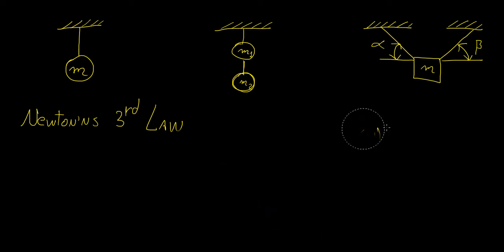So what we're going to do is start off with these three basic examples. The first one is just a mass held by a string, hanging from the ceiling. The first thing we need to do is something called drawing a free body diagram.